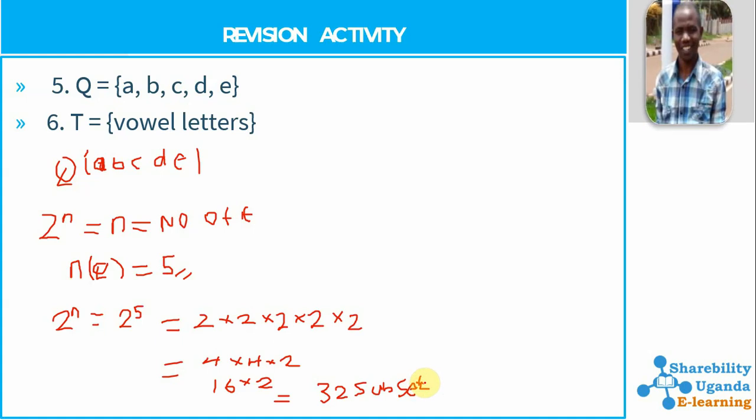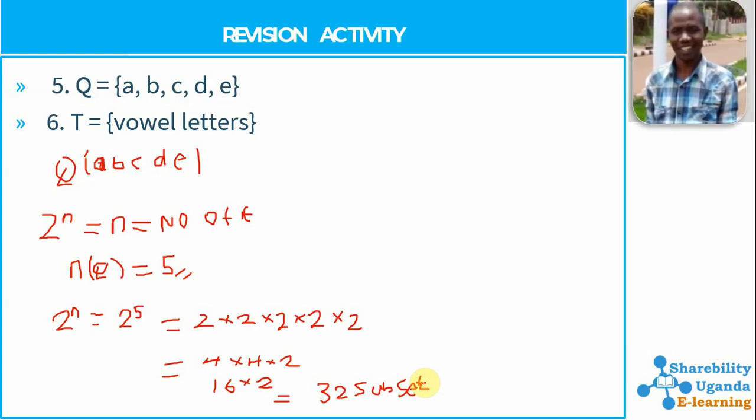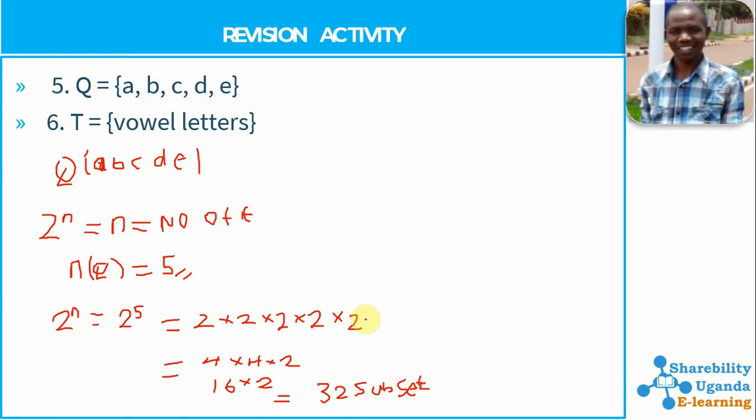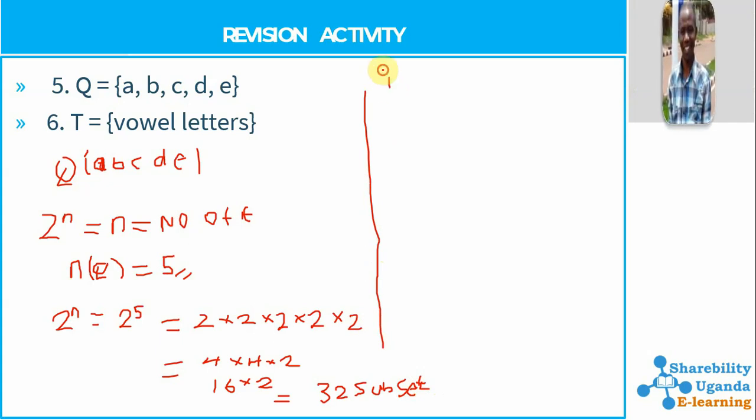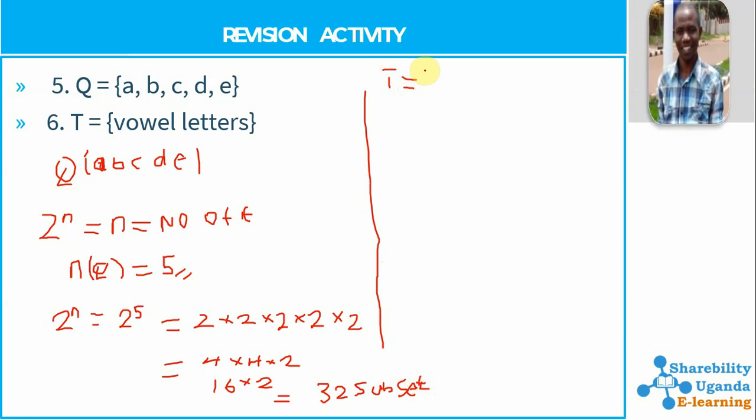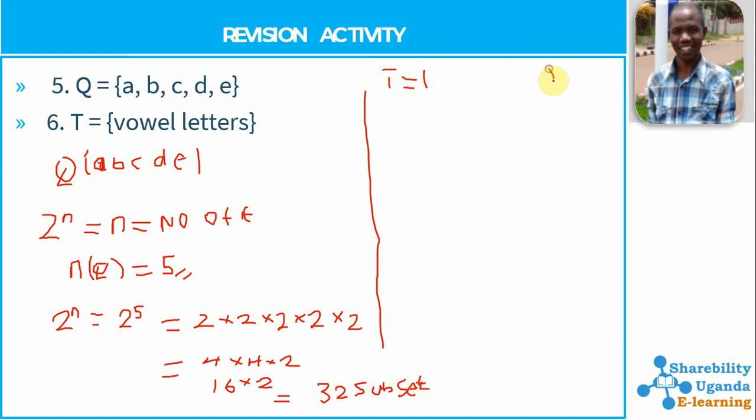So these are the subsets that we have been able to get within our set Q which has been given. Let's proceed to another question, where they are saying our set T is equal to the vowel letters. What are these vowel letters?